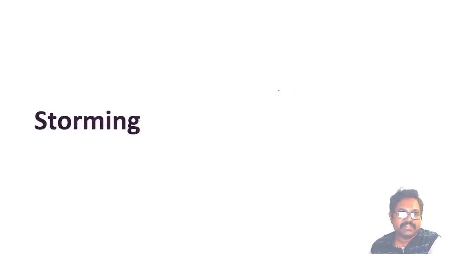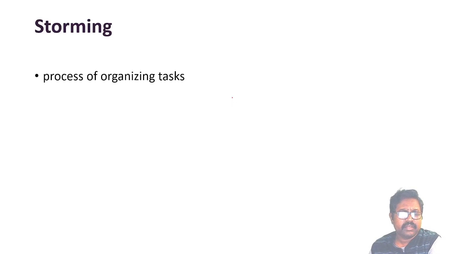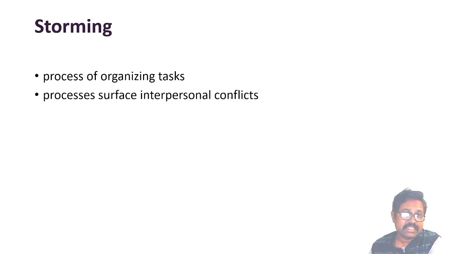So what happens in case of storming? This is the second stage of group development. In case of storming, the process of organizing tasks will develop, and there are processes that surface interpersonal conflicts. So basically, storming helps in the organization of the task.